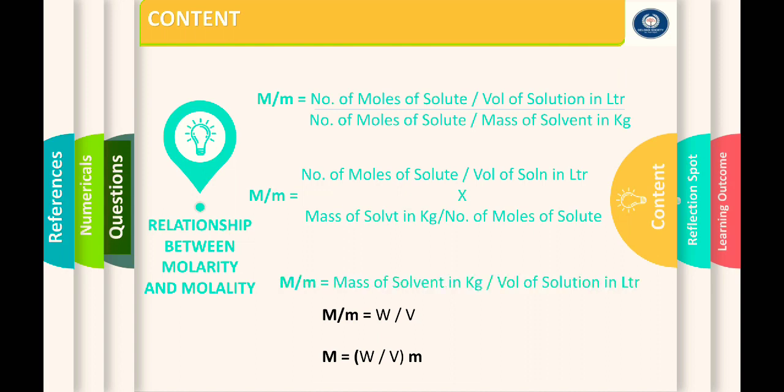By rearranging this equation, we get the final equation, that is capital M divided by small m, that is molarity divided by molality, equals the mass of solvent in kilogram divided by the volume of solution in liter. That is capital M by small m equals W by V. After rearranging, we get the final equation: capital M equals, in brackets, W by V, multiplied by small m.